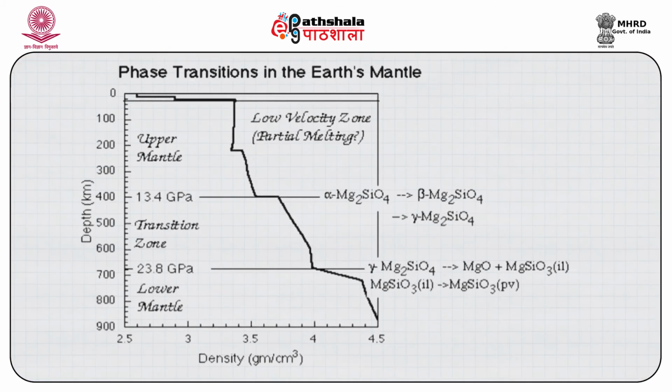The phase transitions in the Earth's mantle are shown in figure 12, and as you can see, the conversion of alpha Mg2SiO4 to beta olivine occurs at around 410 kilometers, followed by a change at 525 kilometers where beta olivine is converted to gamma olivine, and then at 660 kilometers depth, gamma olivine breaks down to periclase and magnesium perovskite.